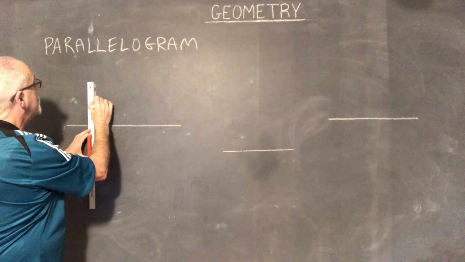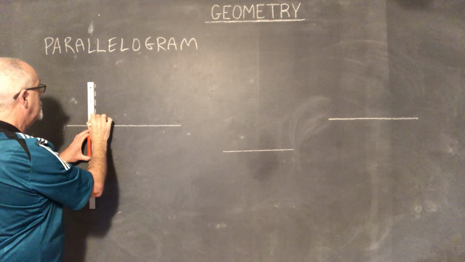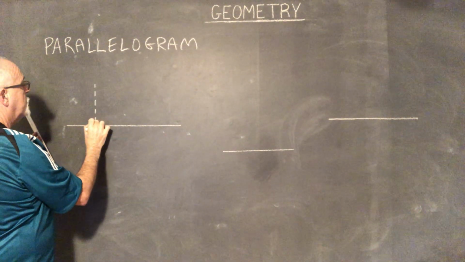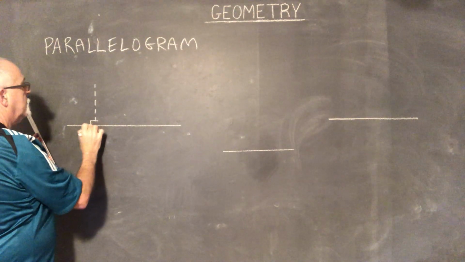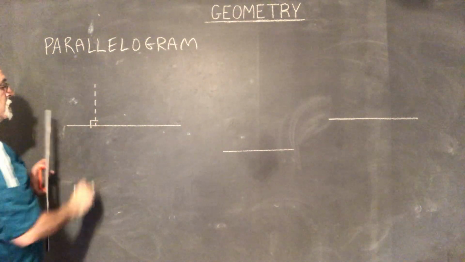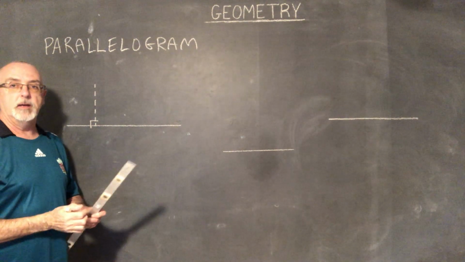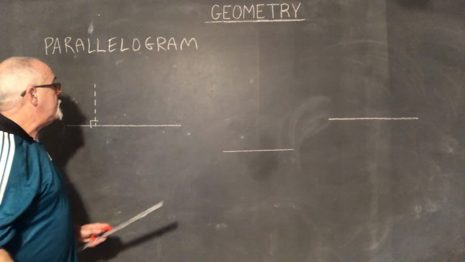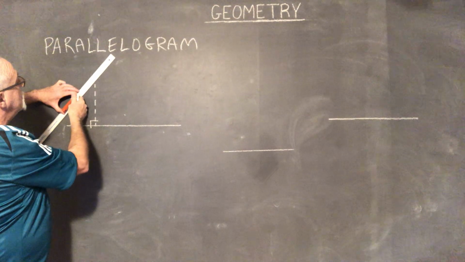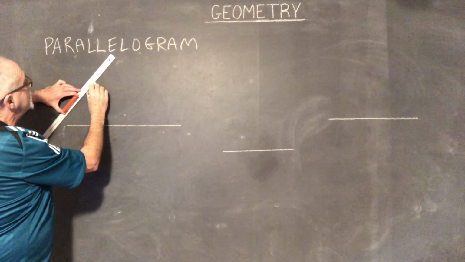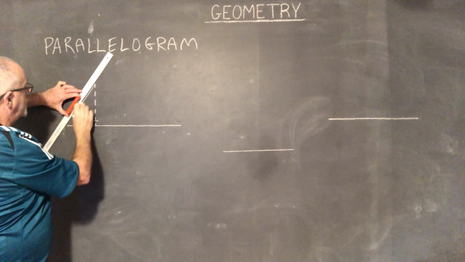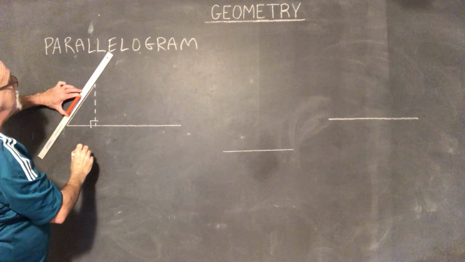I'm going to draw the height with a dotted line, and I'm going to mark the angle. So you can see that that's a 90-degree angle because the height has to be perpendicular to the base. It's in the definition of a height. So let's connect the top of that height to this end of my original line.